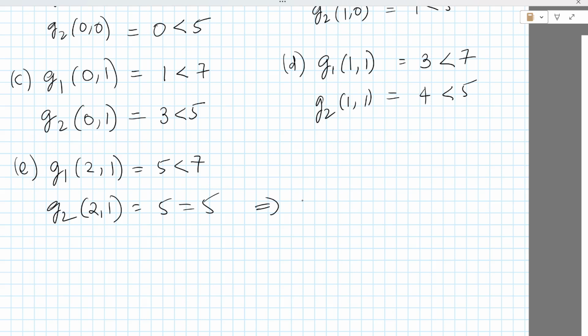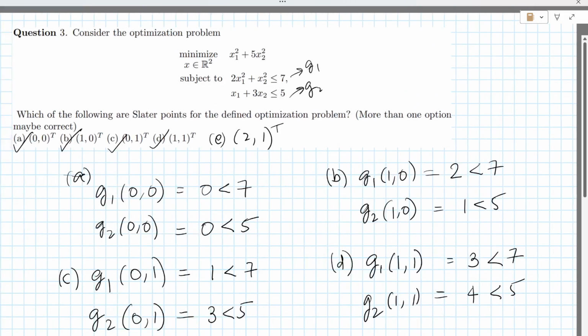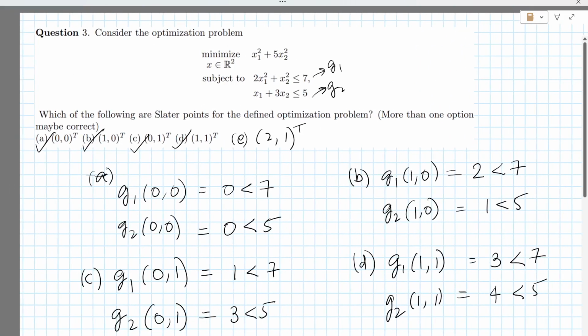This implies (2, 1) is not a Slater point for this optimization problem. So this is not. All the original options were Slater points.